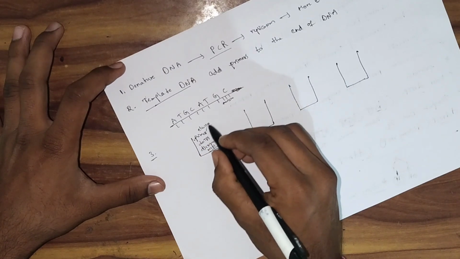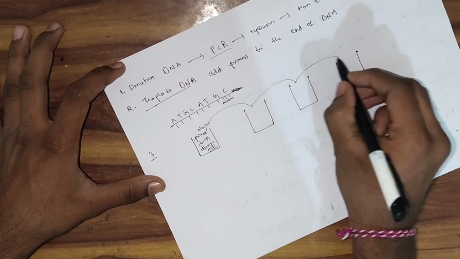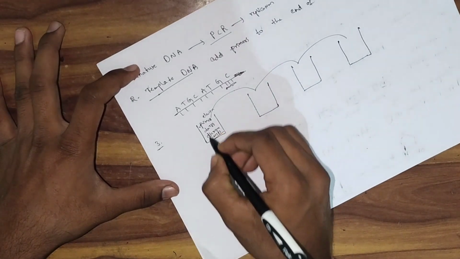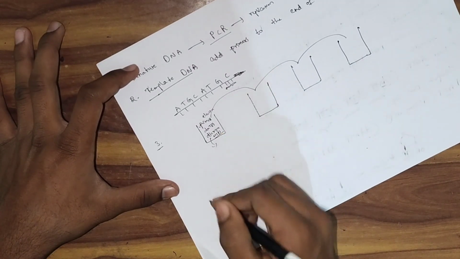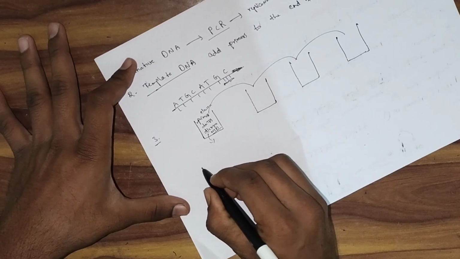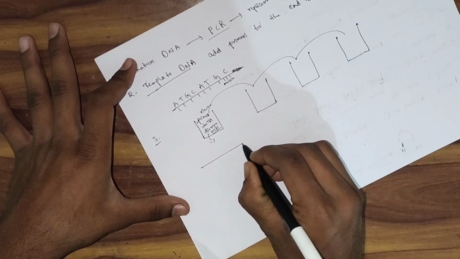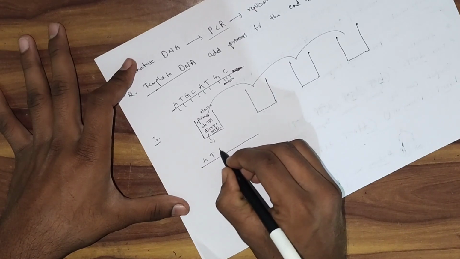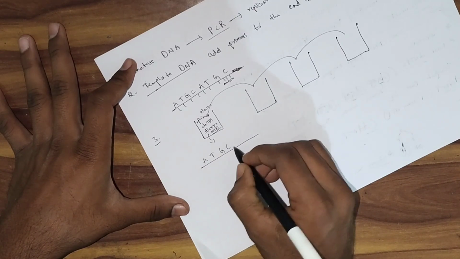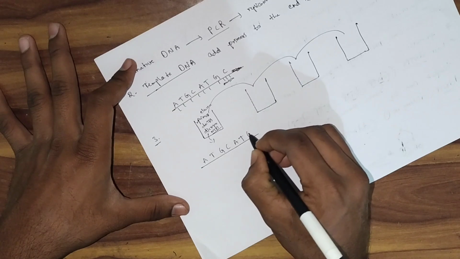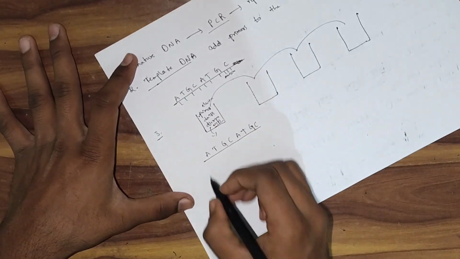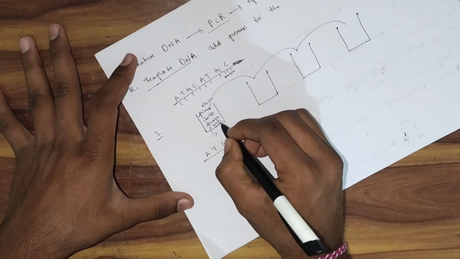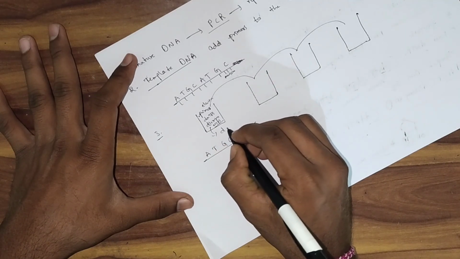They are added into each of the 4 tubes. First we take the first test tube and the template DNA, for example with the sequence ATGC.